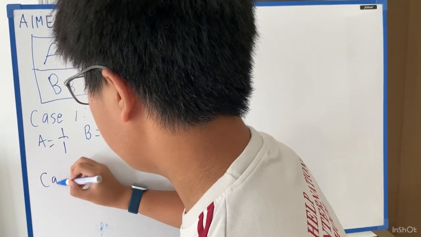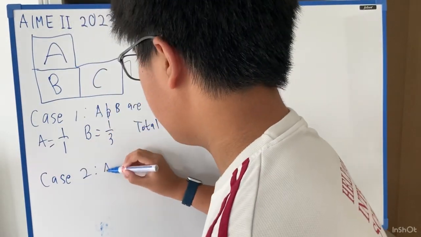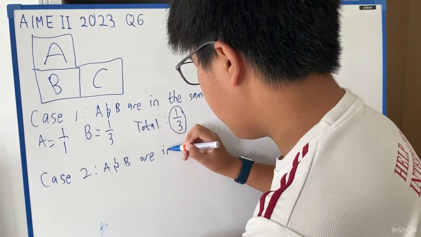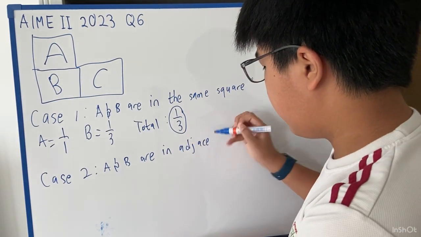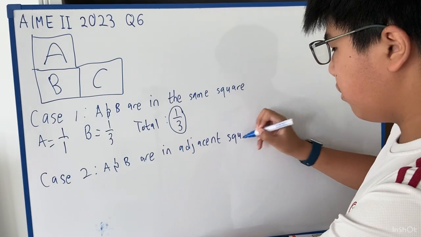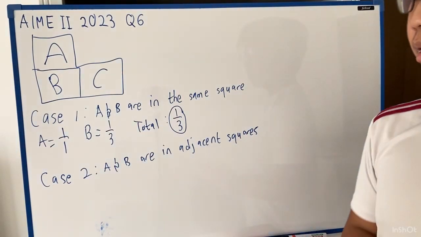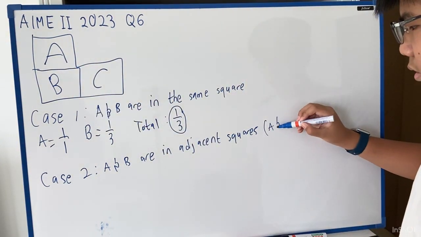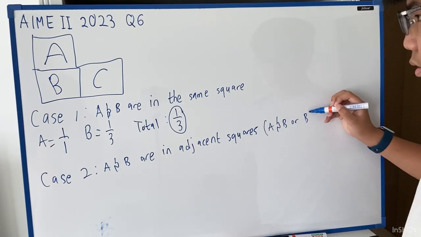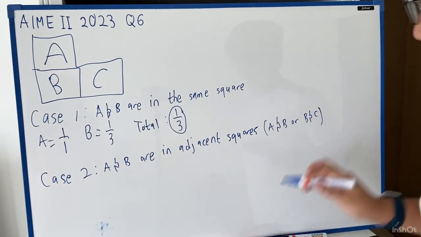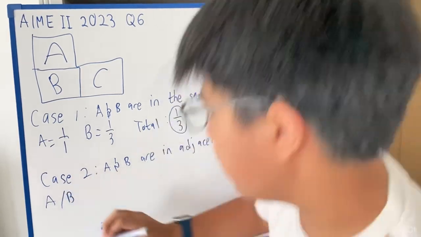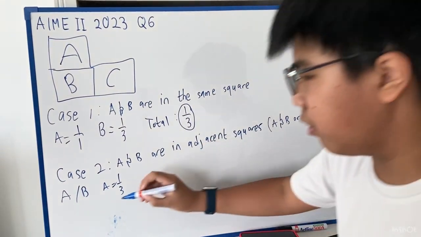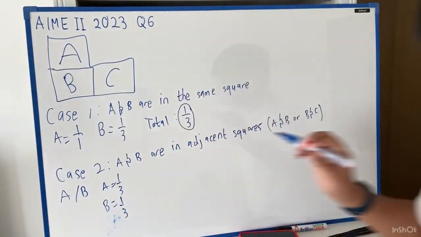And then for case 2, A and B are in adjacent squares. Right? So by adjacent squares, I mean like A and B or B and C. So for A slash B, A will have a 1 in 3 chance of being at the correct square, and B will have a 1 in 3 chance of having the correct square.